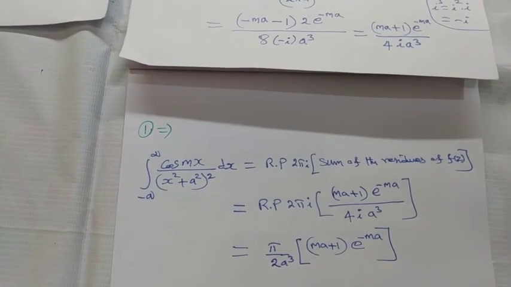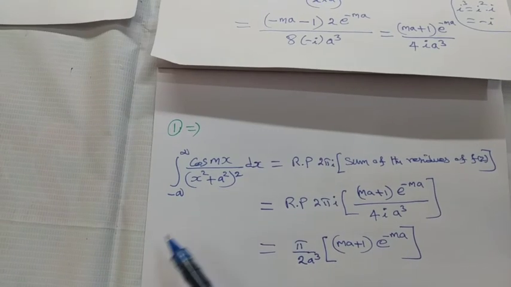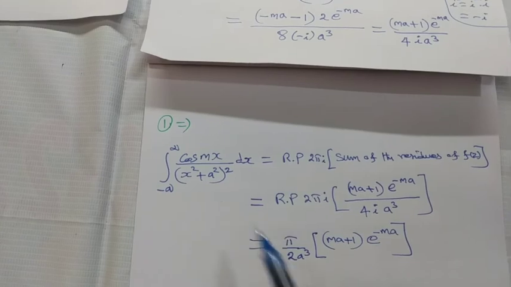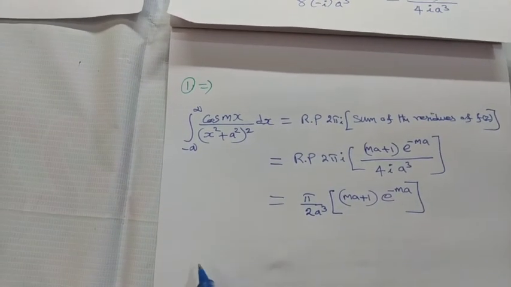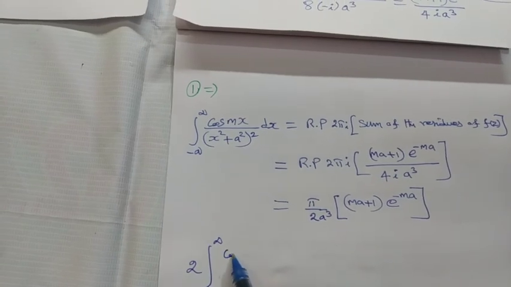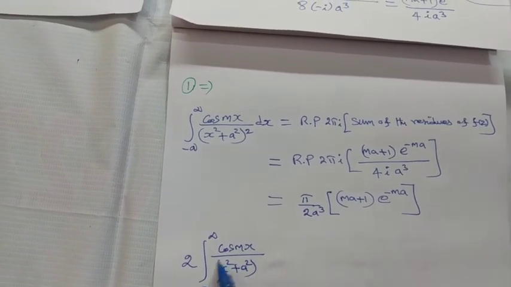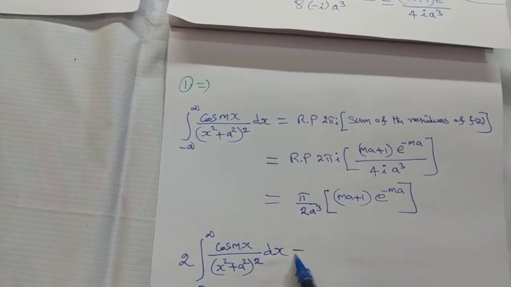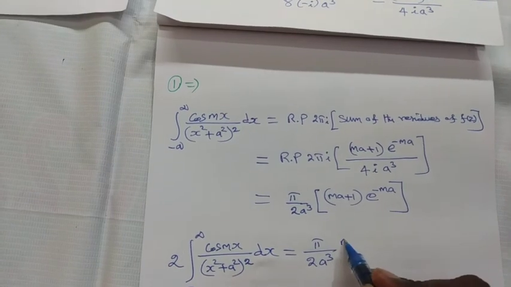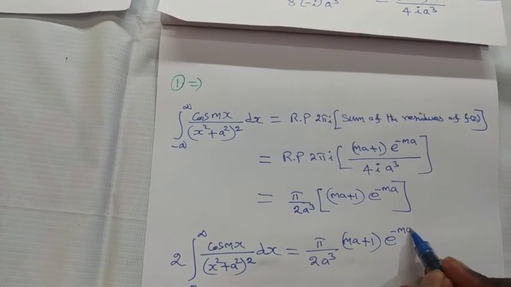Okay, so this is the value, this is the answer of the problem, but the question is we want to find 0 to infinity. So here cos mx is an even function, and the denominator is also an even function. So this can be written as 2 times the integral 0 to infinity of cos mx by (x square plus a square) the whole square dx is equal to pi by 2a cube into (ma plus 1) into e power minus ma.